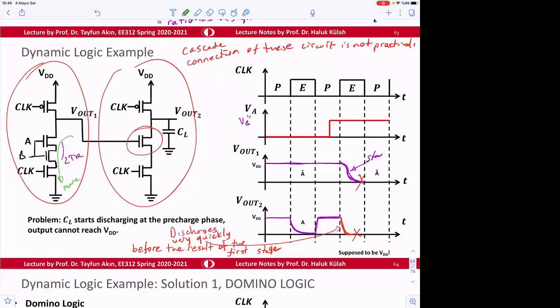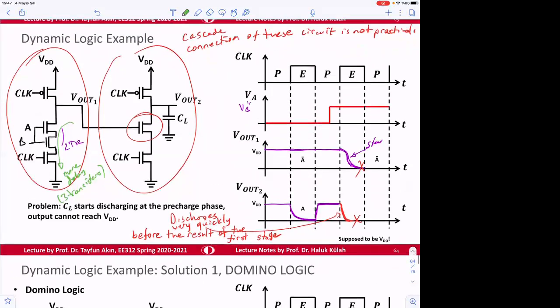Why? Because 3 transistors. If you think about each transistor contributing a resistance, in terms of the RC time constant you will have more time taken, because the resistance is going to be higher. 3 of them are coming in series.